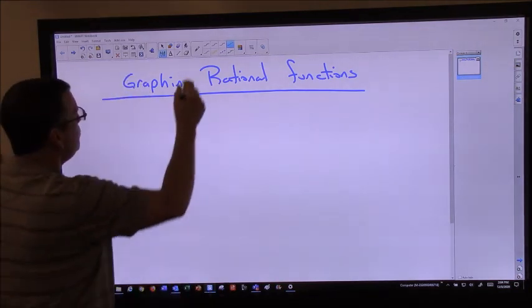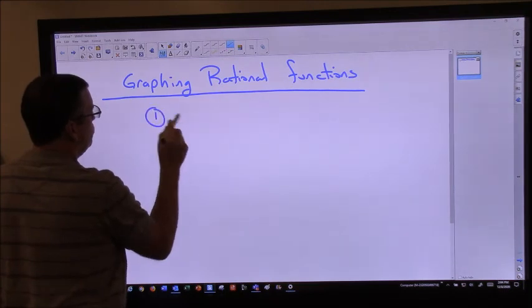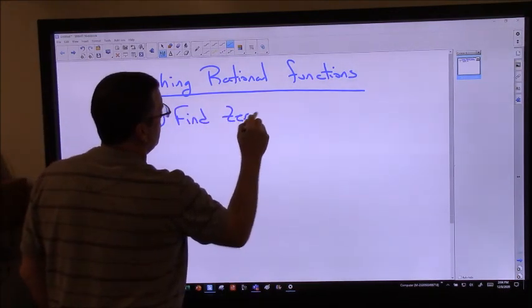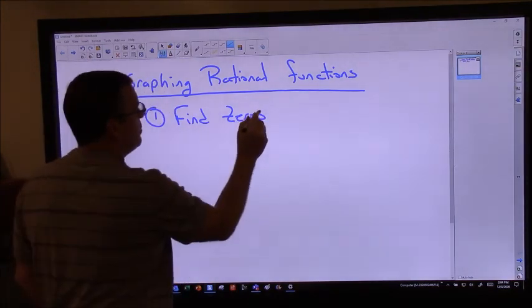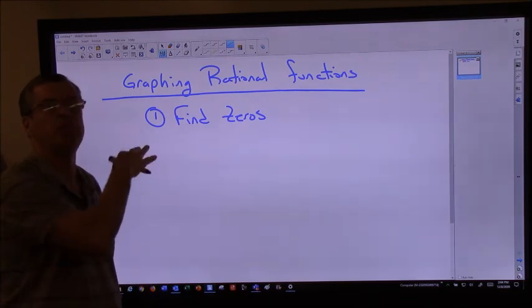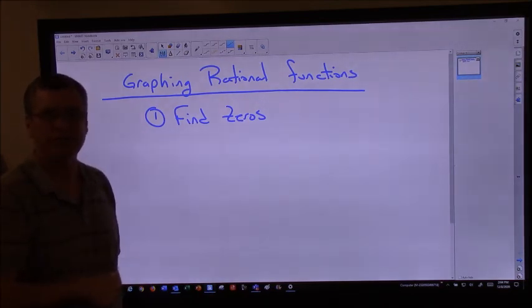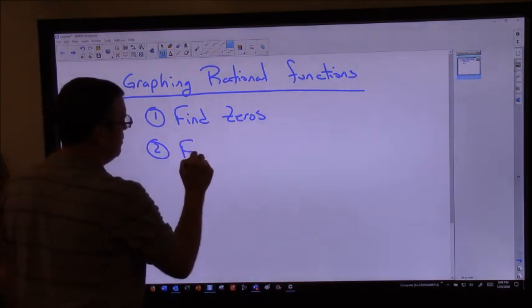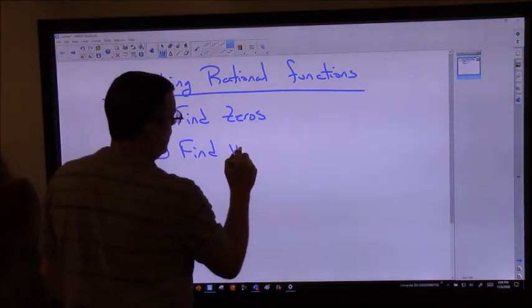Okay? So we want to be able to find zeros, which we've already practiced. To find zeros, the only way a fraction can equal 0 is if the numerator equals 0, right? Our second thing is we want to find vertical asymptotes.